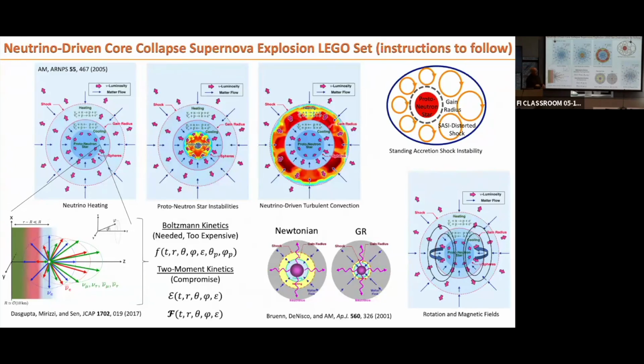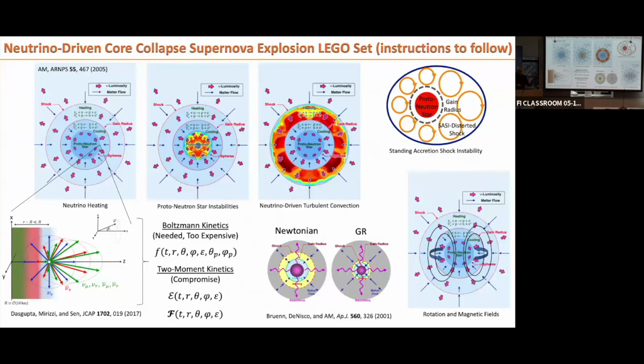You can have a case where you don't have significant rotation, but the turbulence will amplify the magnetic field strengths in the post-shock region. Okay, turbulence will wind up the magnetic field lines and increase the magnetic field strengths to the point where the magnetic pressure, B squared over 8 pi, rivals the thermal pressure and rivals the turbulent pressure.